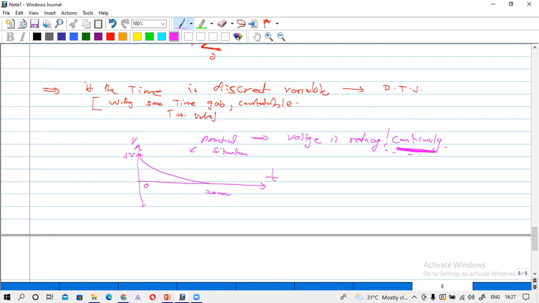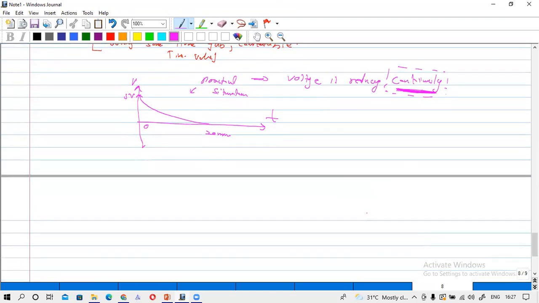Please note this word. This is the practical thing: voltage is reducing continuously. So here you can see that. But can we practically measure this? Practically this cannot be done. Practically we can't measure this.